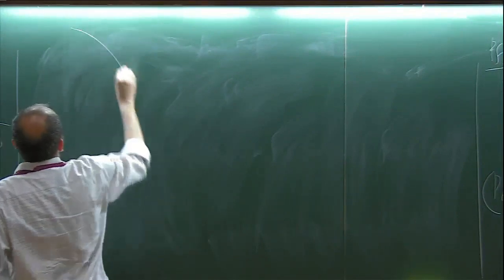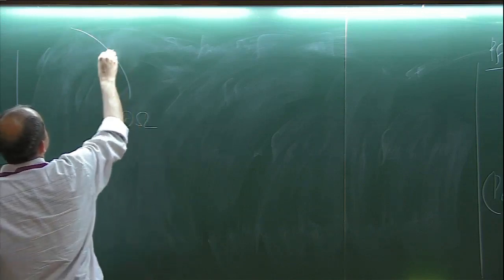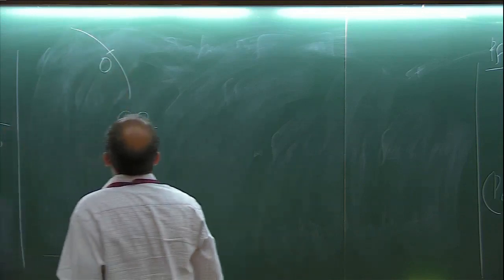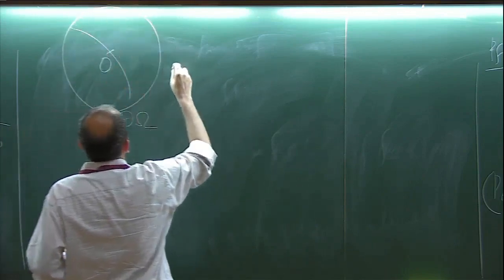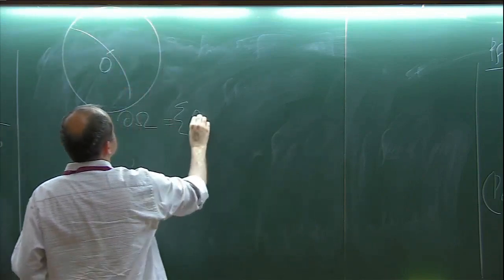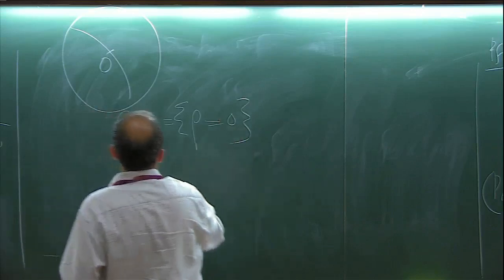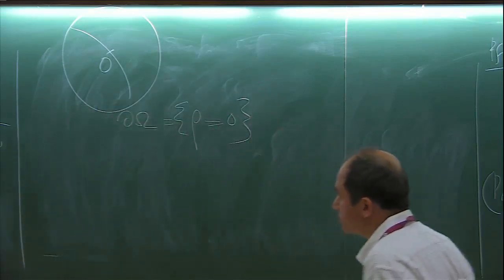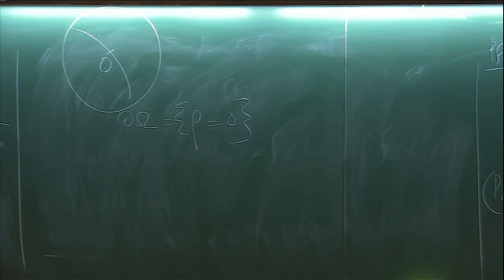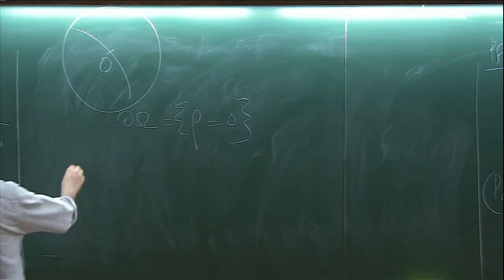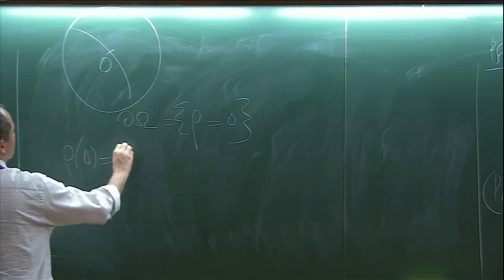All right. So here's the local situation. Here is the boundary of omega. This is 0. And let's assume that there's a local defining function rho equal to 0, which is real analytic and smooth.